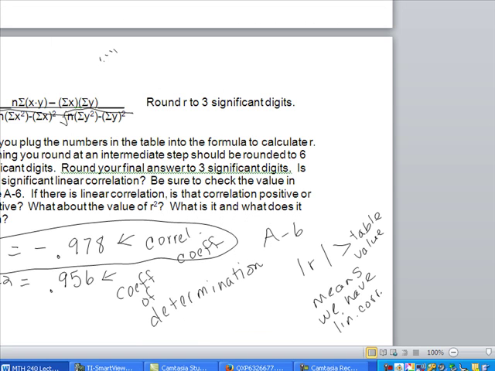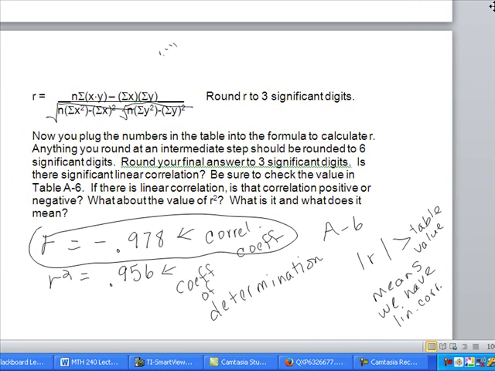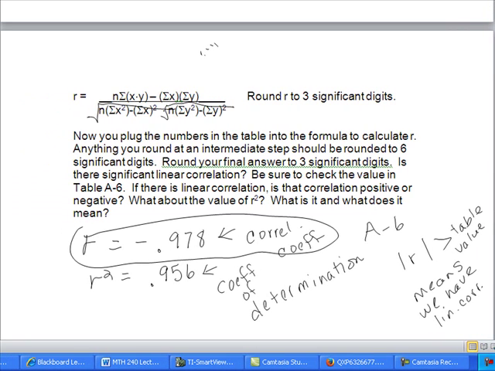That's what we're told to use. So the absolute value of R is greater than the table value, so that means we do have significant linear correlation. The absolute value of negative 0.978 is greater than 0.878.